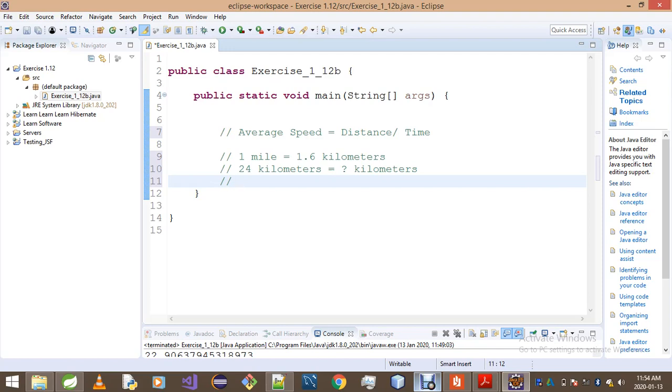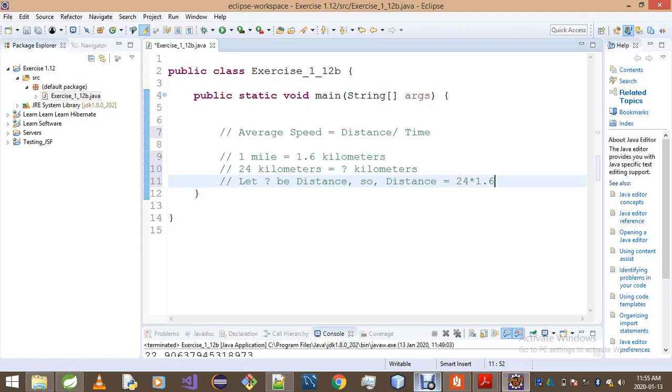So if we do that, and we call our question mark distance, distance is actually equal to 24 multiplied by 1.6.